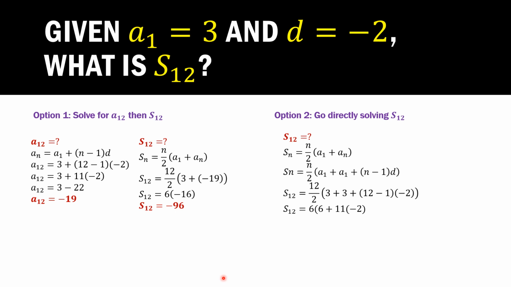Solving that, we get 6 times 3 plus 11 times negative 2. Then we have 6 times 3 minus 22, so 6 times negative 16, which is the same as option 1. And then S sub 12 is equal to negative 96 as the sum of the 12 terms of the given arithmetic sequence.